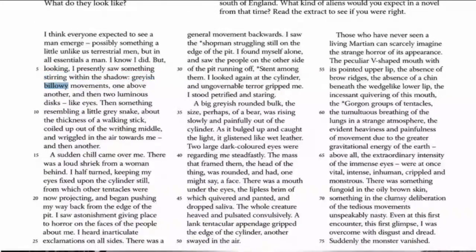Greyish, billowy movements, one above another, and then two luminous discs, like eyes. Then something resembling a little grey snake, about the thickness of a walking stick, coiled up out of the writhing middle and wriggled in the air towards me. And then another. A sudden chill came over me.